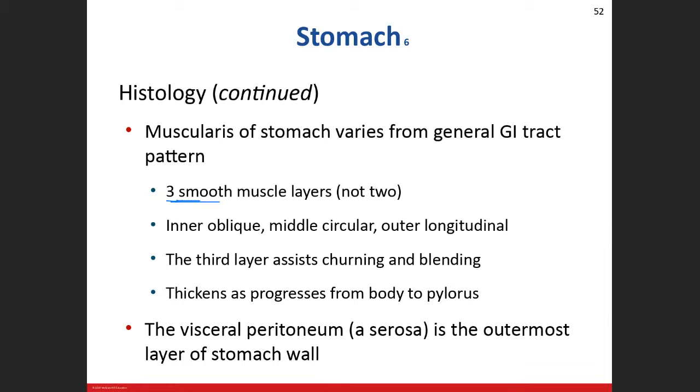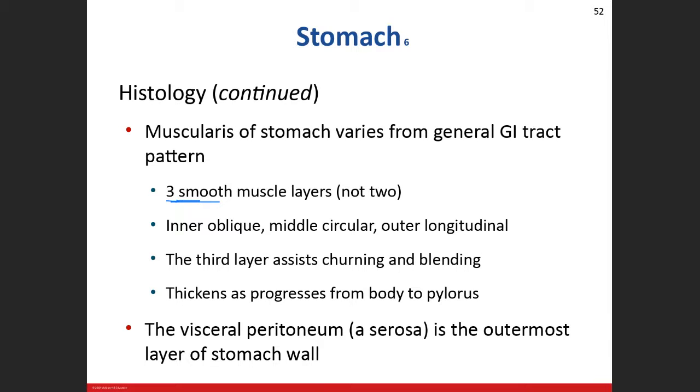Normally you'll have the 2 layers that are perpendicular to one another, and it provides for the process called peristalsis, in which we get that alternating period of contraction and relaxation, which allows food to move from the beginning of the digestive tract towards the anus.